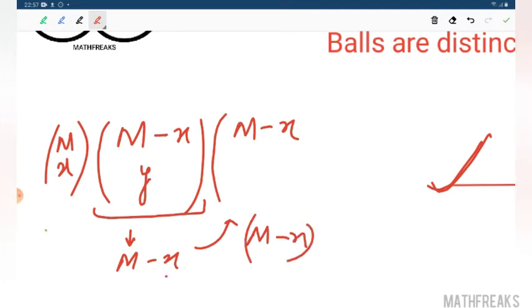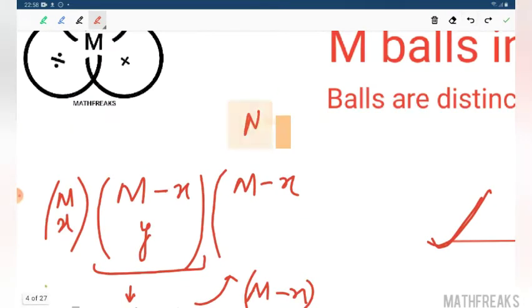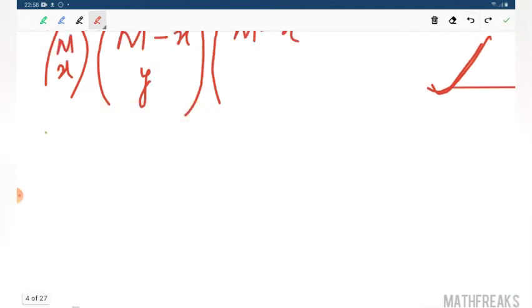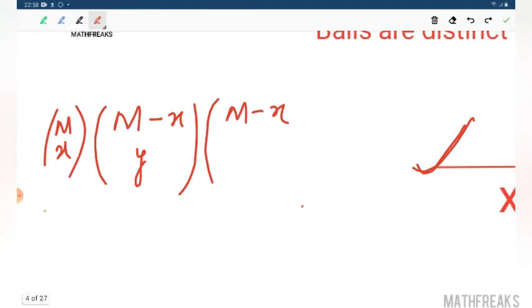If we consider it N, then we are left with N minus Y balls. Now this N is M minus X. So M minus X minus Y.